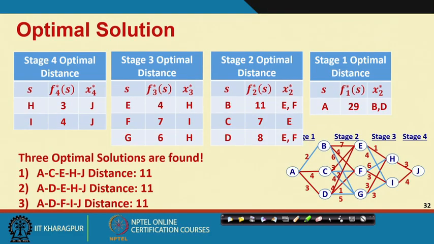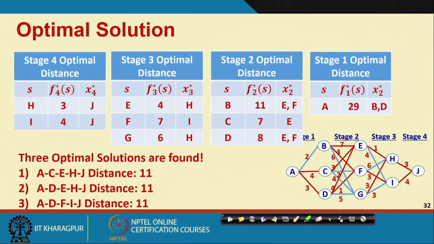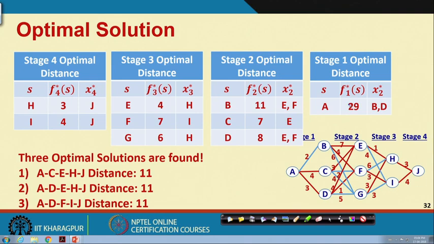Now, here we have listed all the optimal decisions for stage 4, stage 3, stage 2, stage 1. So, from A we find that there is a mistake here, let us correct it. This is not 29, this is really 11.